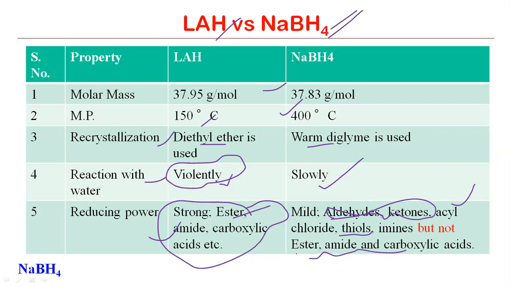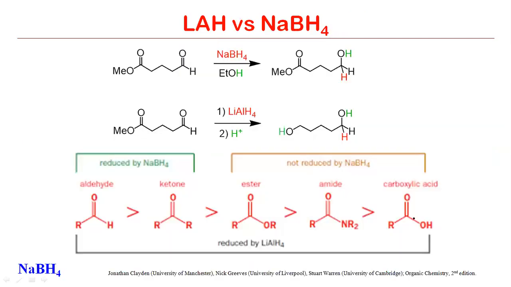Because of the structure of ester, amide, and carboxylic acid, they have some sort of resonance stabilization, and because of that, the carbonyl carbon is less electrophilic as compared to aldehydes and ketones. So that's why they generally do not undergo reduction with sodium borohydride.